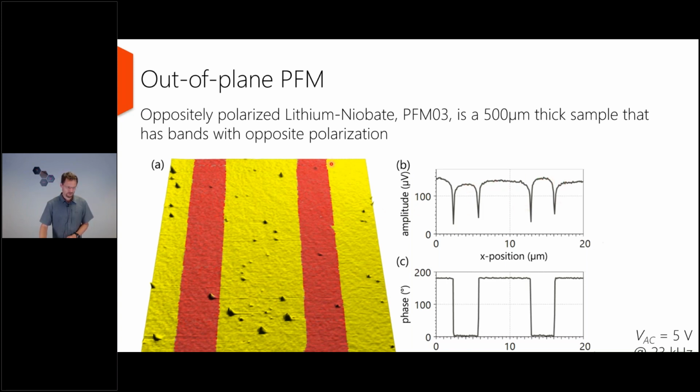And yes, of course, at the boundaries between them, the amplitude drops almost to zero. This measurement was recorded with an AC voltage of 5 volts at 23 kilohertz. And this was done by a student we had here in the lab, Brian Odermatt, who did an internship at Nanosurf.